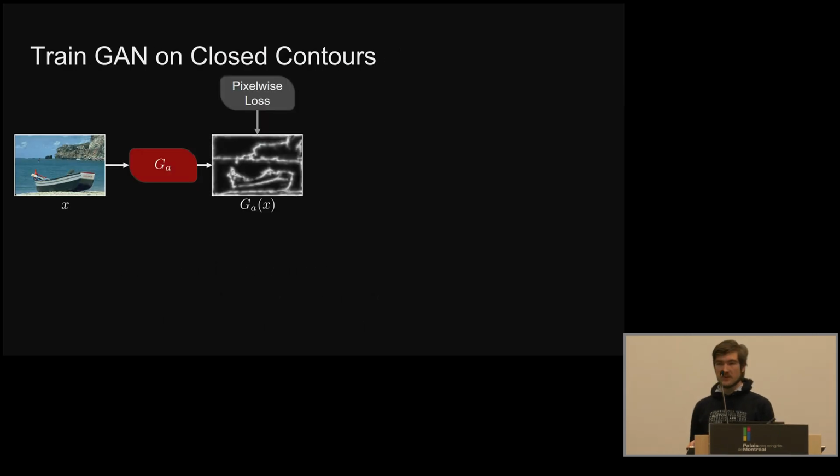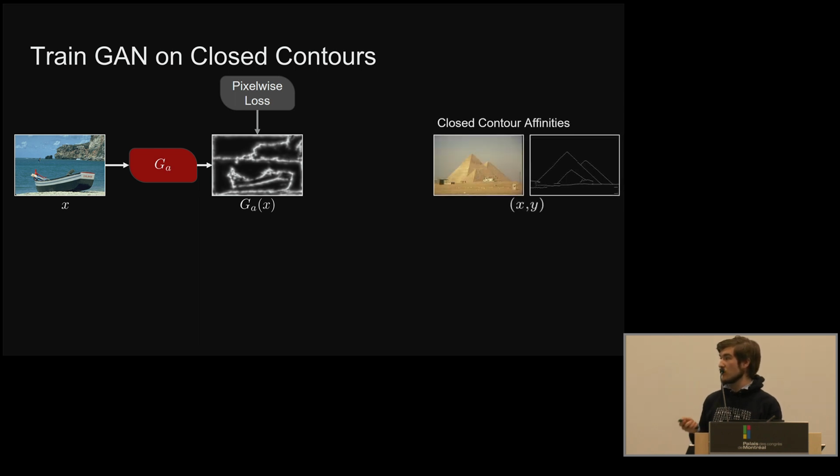How does that work? In the classical setup, you would just have a generator network conditioned on the input image X, and we output some probabilities. You can see in this image they are very imperfect, and what we would like them to look like is affinities generated from closed contour label images, right?